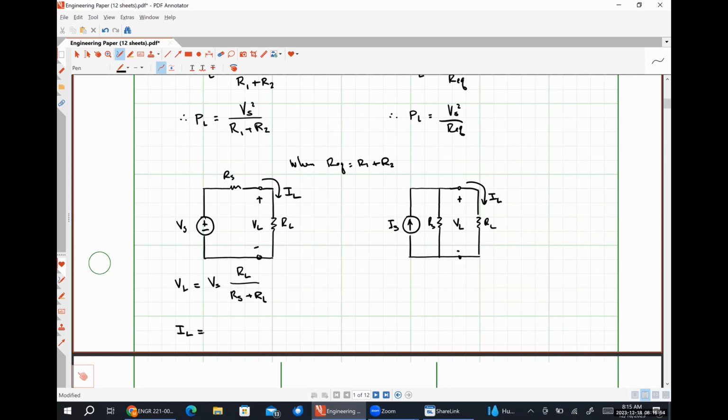What would my current IL be? So we could do it that way, but let's put it in terms of VS. So VS over RS plus RL.